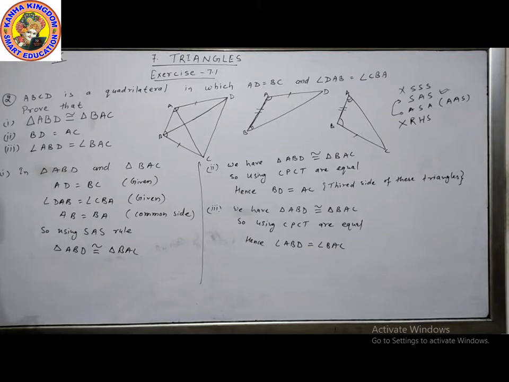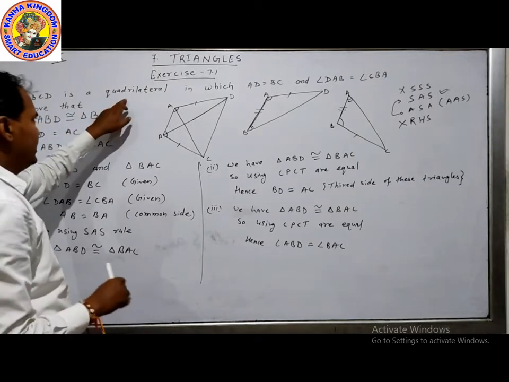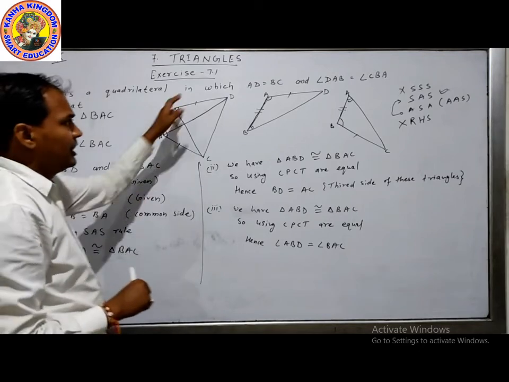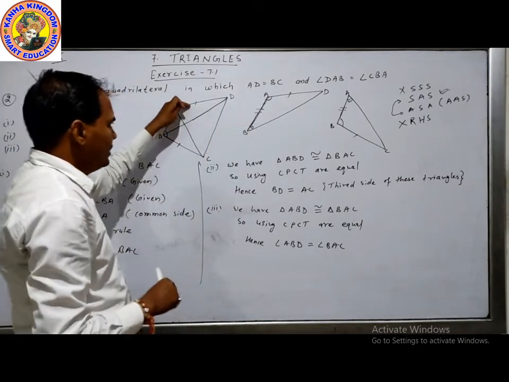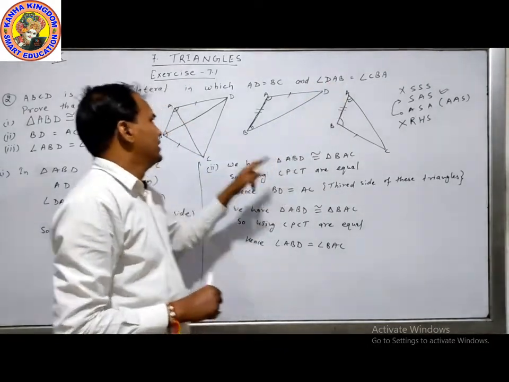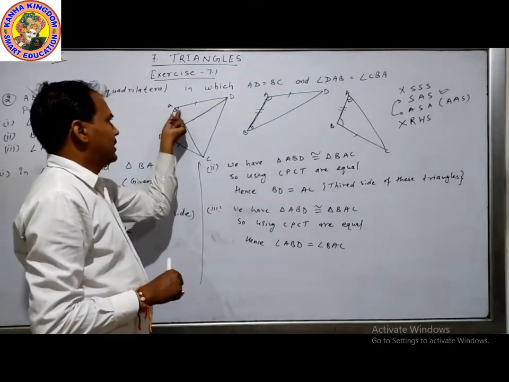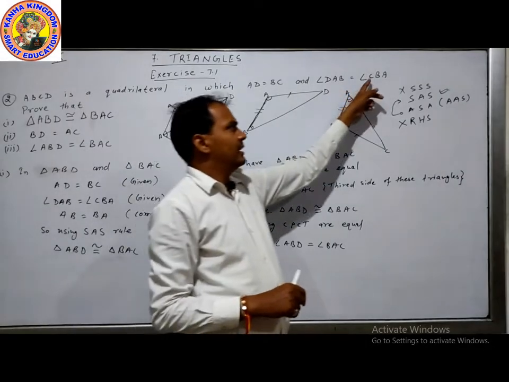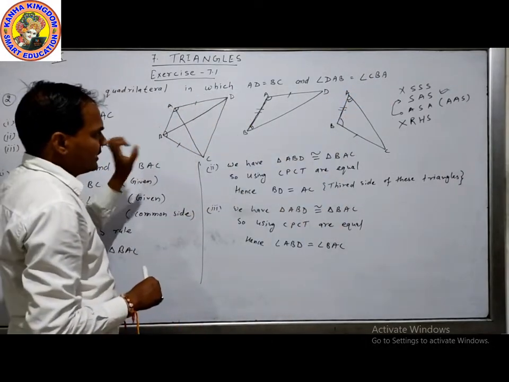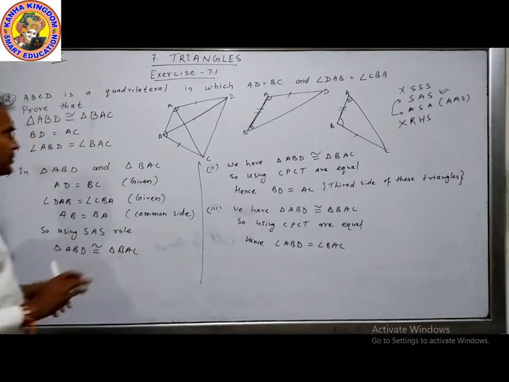So, starting this question again: ABCD is a quadrilateral in this diagram, in which AD is equal to BC, and angle DAB, the complete angle A, and angle CBA, the complete angle B, are equal, as given in the question.